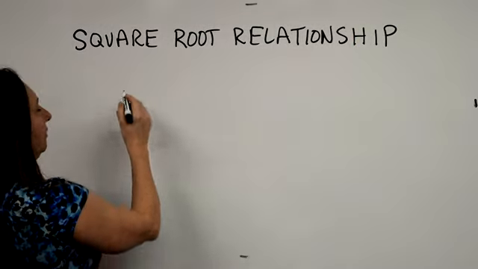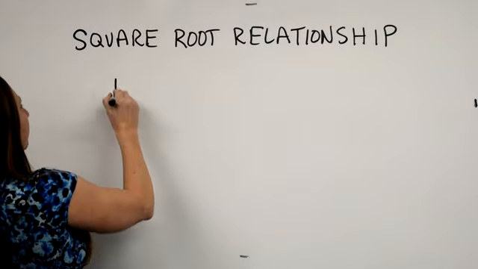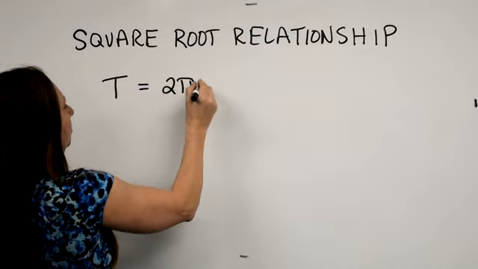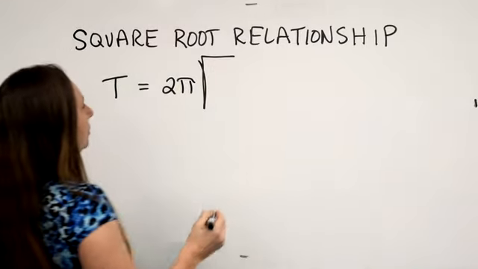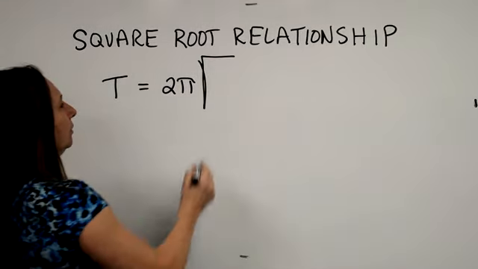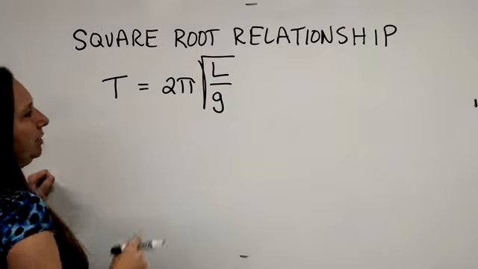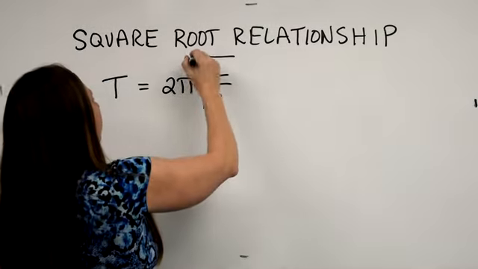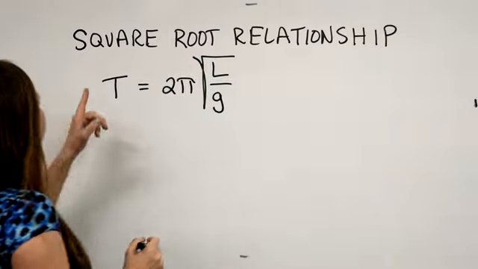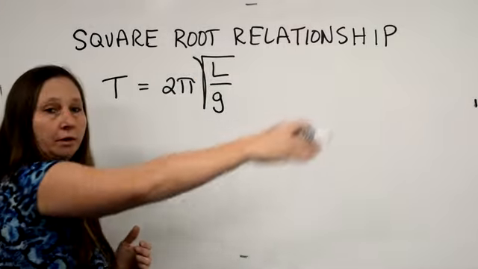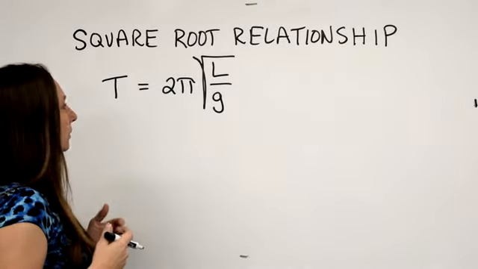Very famous one: the period of a pendulum is 2 pi times the square root of L over g. Very famous square root relationship in physics. Again, this is the period, the amount of time it takes a pendulum to go forward and come back to the original spot.